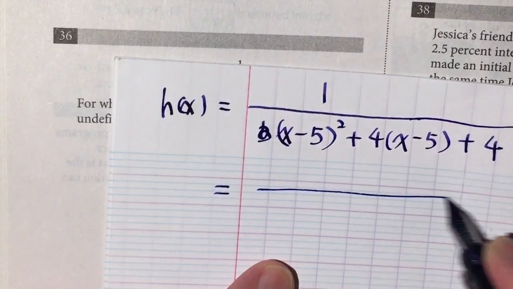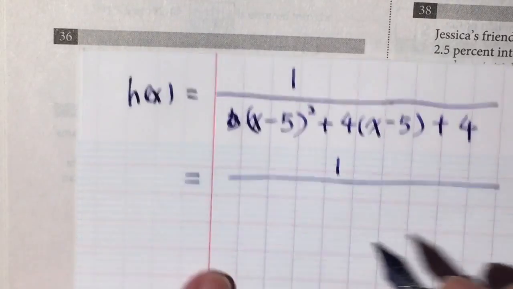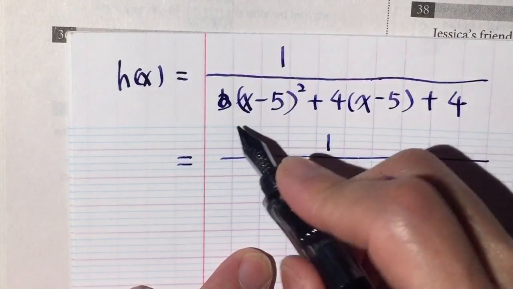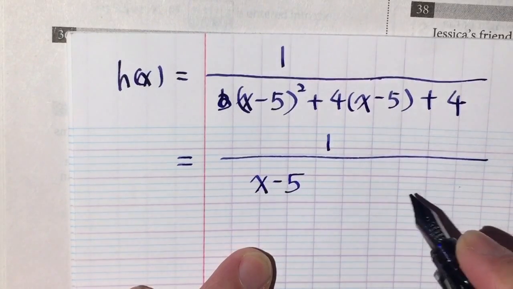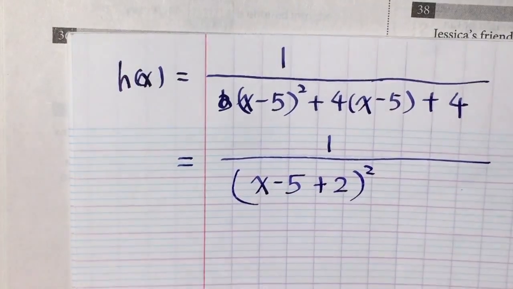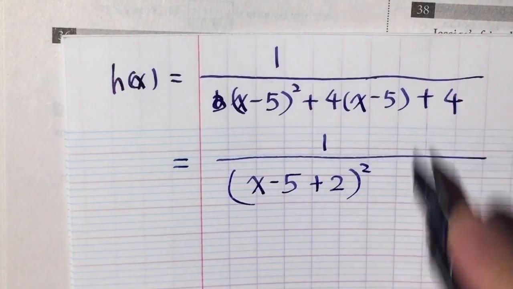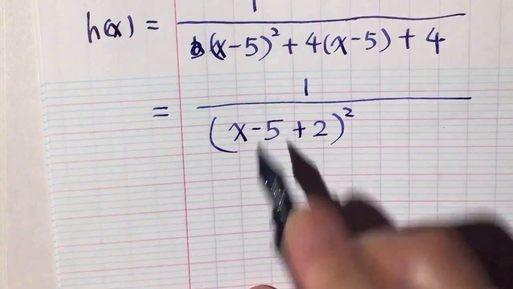Can we do this? The upper part, numerator, we do not change, and the lower part, denominator, (x minus 5 plus 2) squared, right? Because we take x minus 5 as one complete thing.